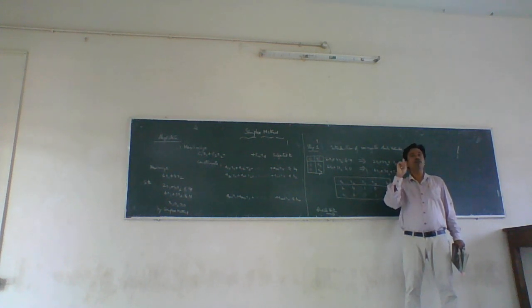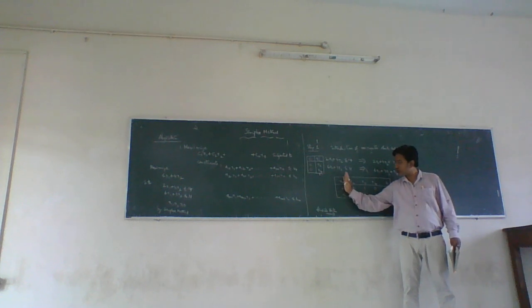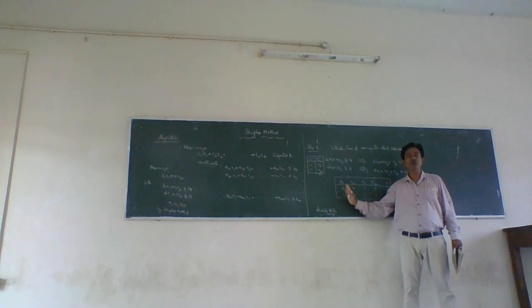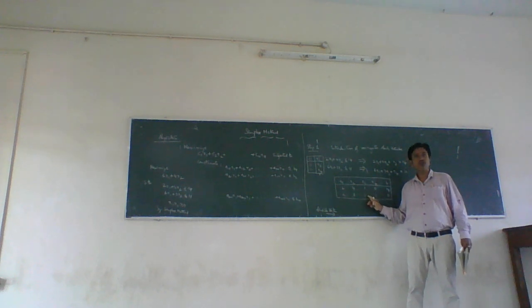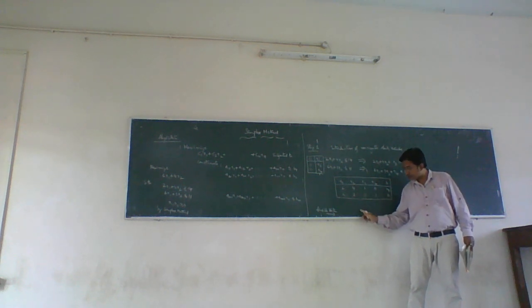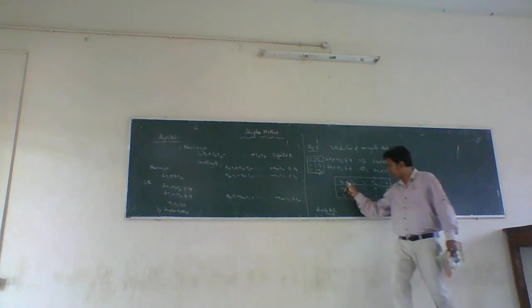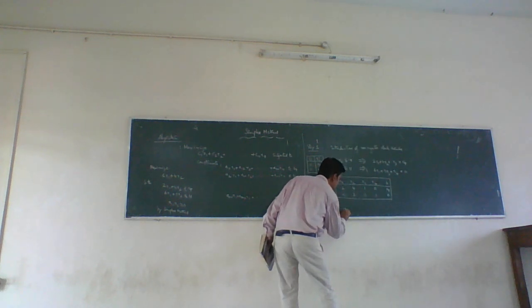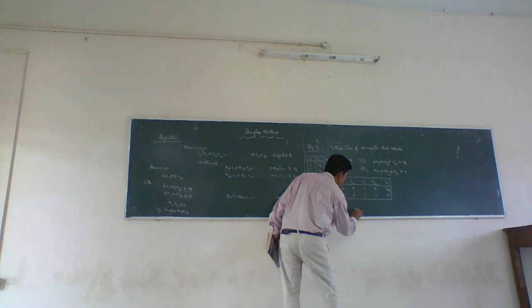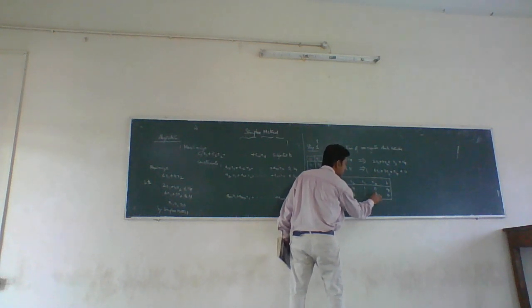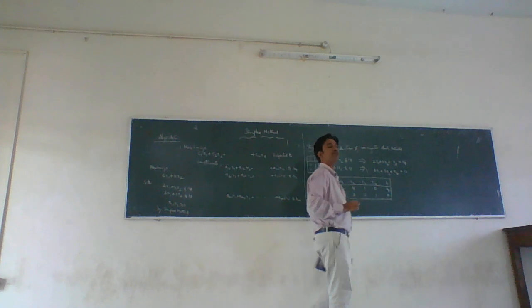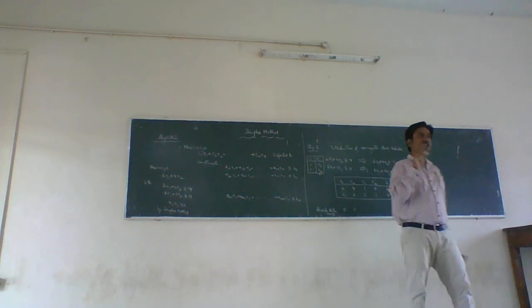Is this column having 1 and 0? No. Is this one? No. This column has 1 and 0, so it has the solution. For these columns there is no solution, so 0. But this column has some solution, and this column also has 1 and 0, so it also has some solution.